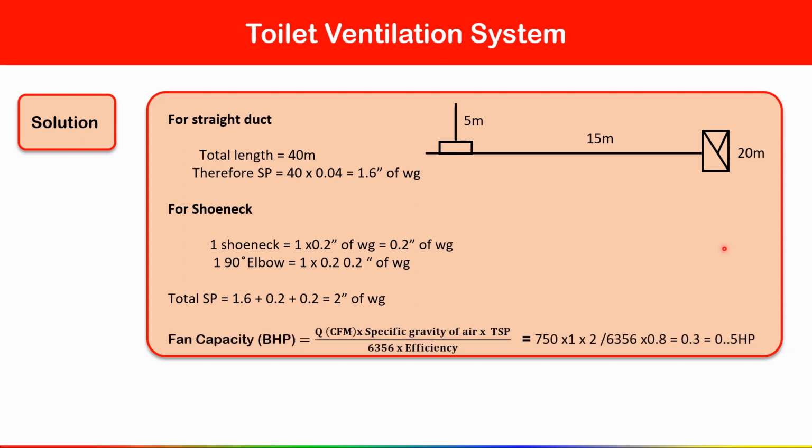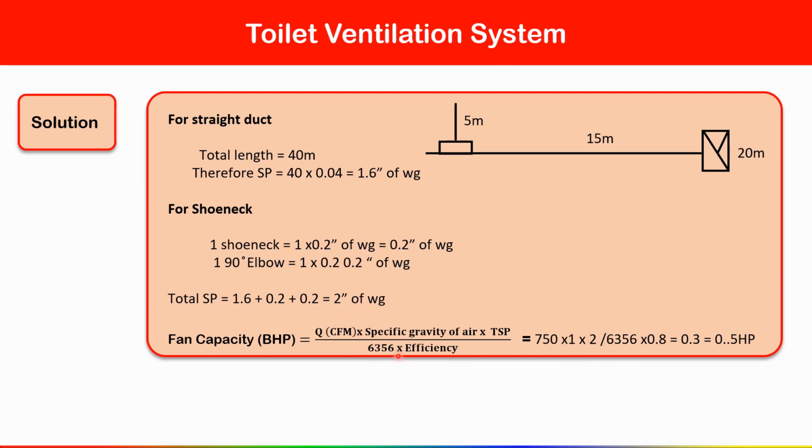See, to find out the fan capacity in BHP, here we have a formula: Q, the total exhaust flow rate in CFM, into the specific gravity of air, into the total static pressure which we have calculated, divided by 6356 into efficiency. Here I have written the exhaust air CFM value 750, the specific gravity of air is 1, and the total static pressure we have calculated is 2 inch of water gauge.